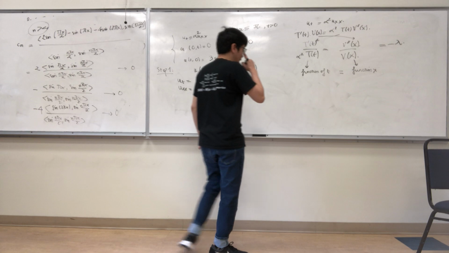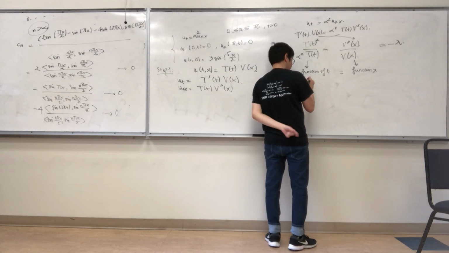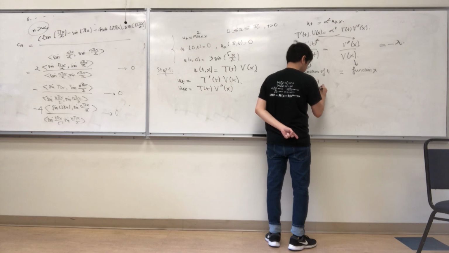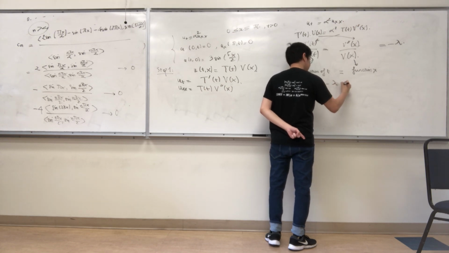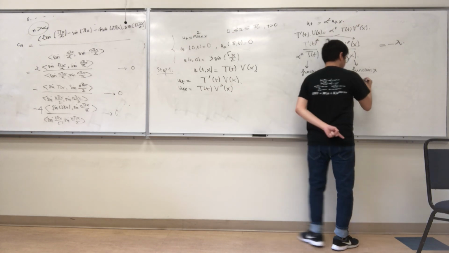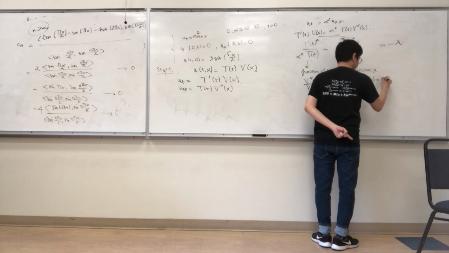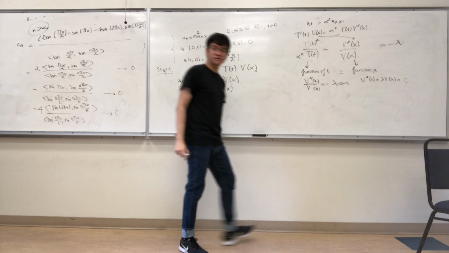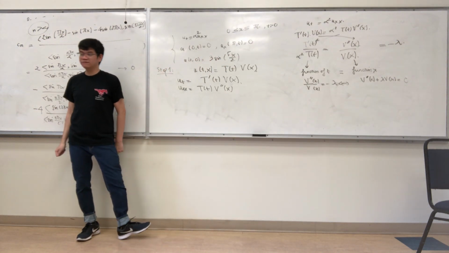So I'm gonna obtain two equations. So I have V''/V = minus lambda. This gives you V''(x) + lambda V(x) = 0. This is the first equation that you have.